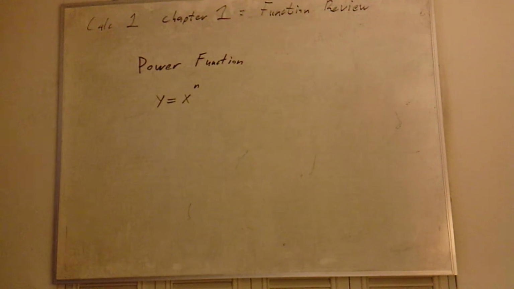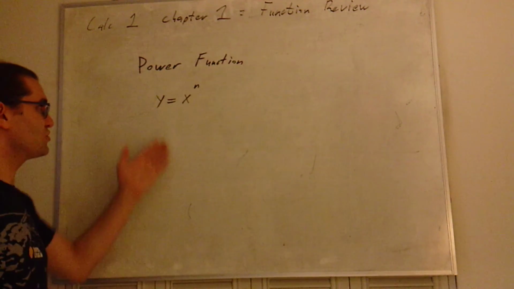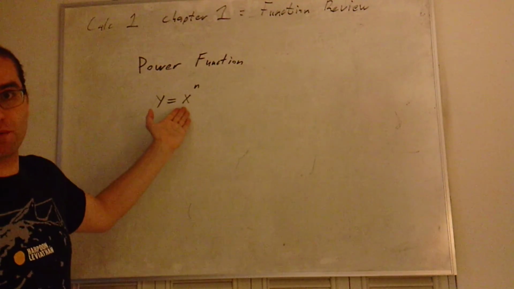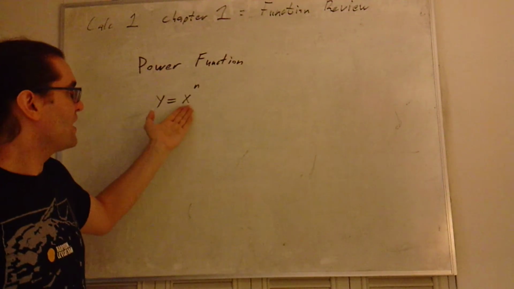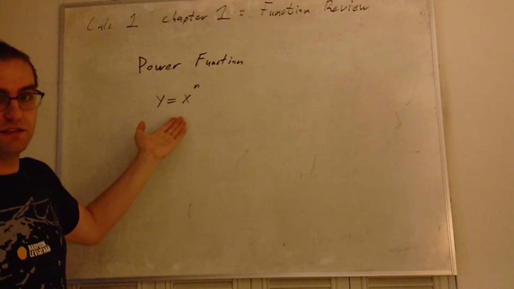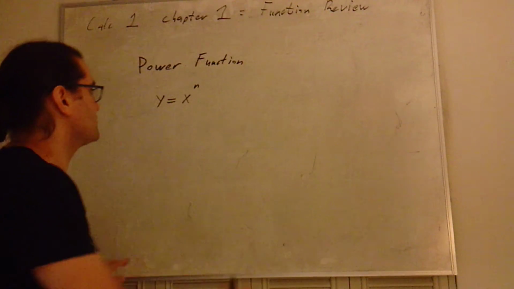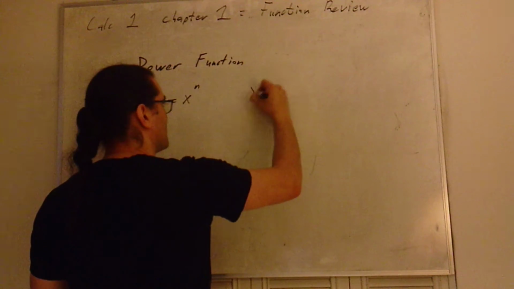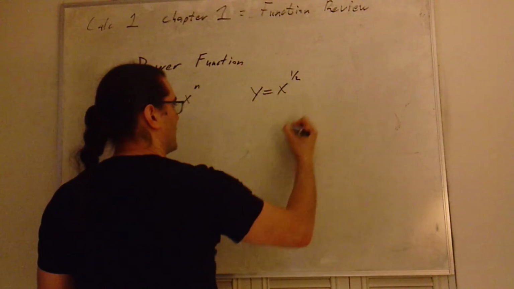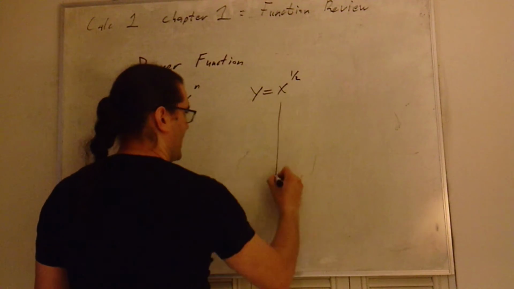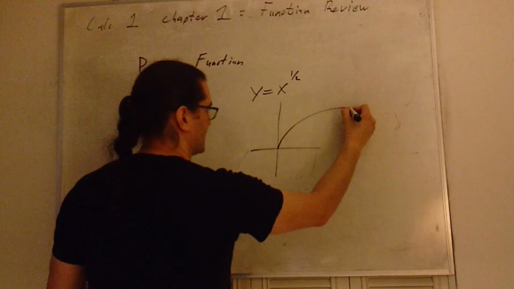The difference between this and a polynomial is that n does not have to be a whole number. So if n is a whole number, like 2 or 3, then this is both a power function and a polynomial. But for power functions, it could be something like x to the 1/2, and that is the square root of x. Looks like this.